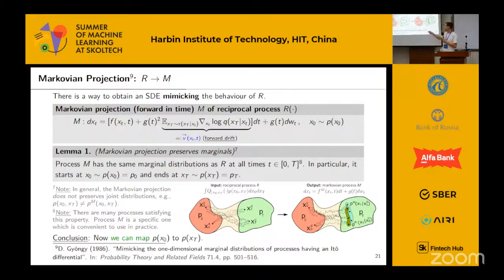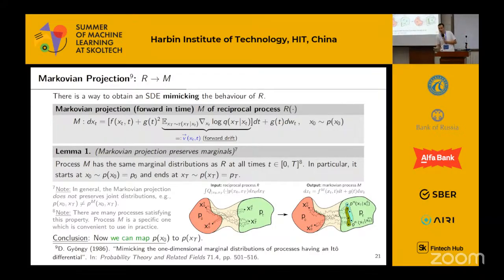So the question: okay, this is some stochastic process which allows us to perform transfer from one distribution to the other. Can we compute this drift analytically? Can we immediately use this stochastic differential equation to perform translation of data from one domain to the other? And the answer here is the same as in flow matching.